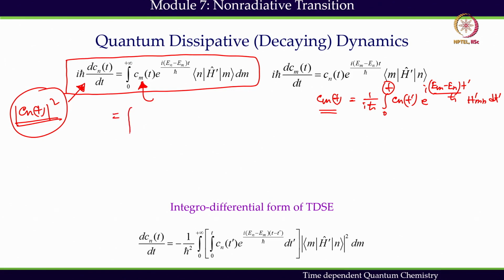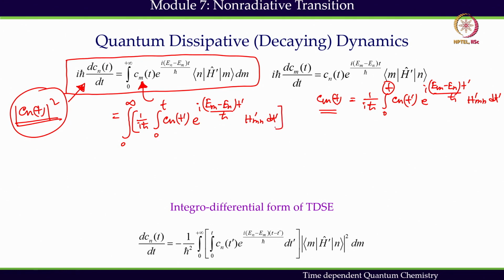If I insert it, then what I get is the sum over m, 0 to infinity, of 1 by i h cut, integral 0 to t, Cn(t dash) e to the power i (Em minus En) t dash divided by h cut, then Hmn, dt dash.